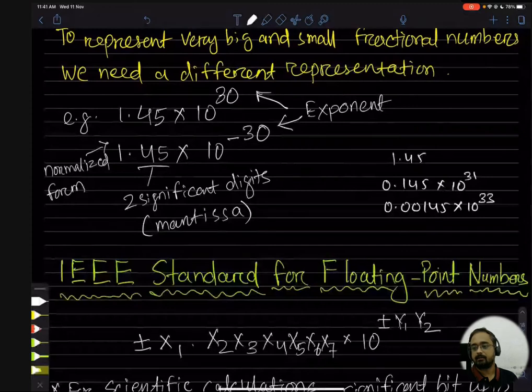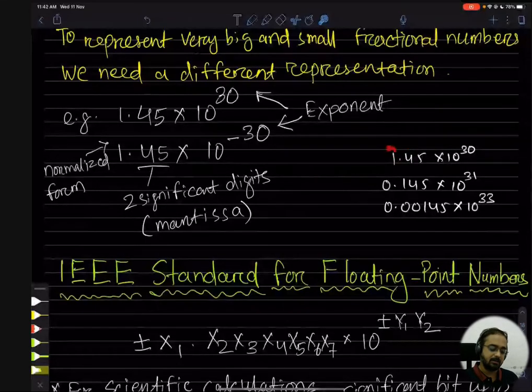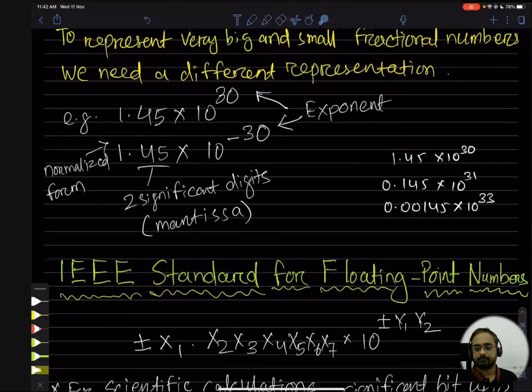Possible? These are all the same number, but this is the standardized one, called the normalized number. Why? Because the condition says that the first digit before the decimal point must be a non-zero digit. Then it is a normalized representation.